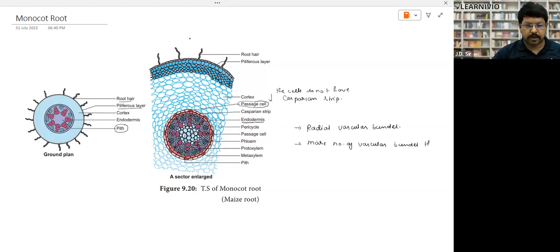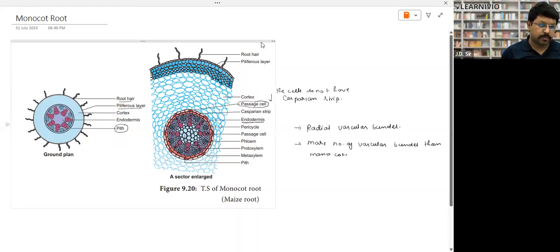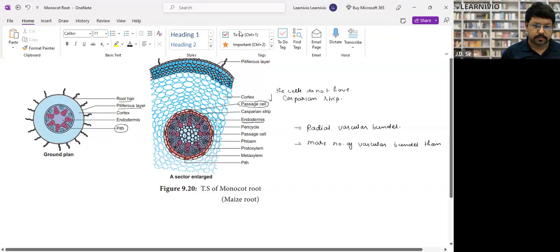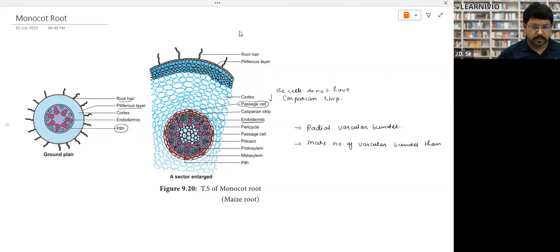More number of vascular bundles than dicot, right? And what else?